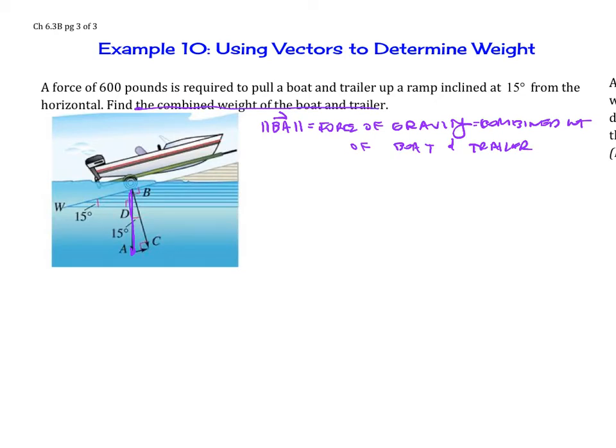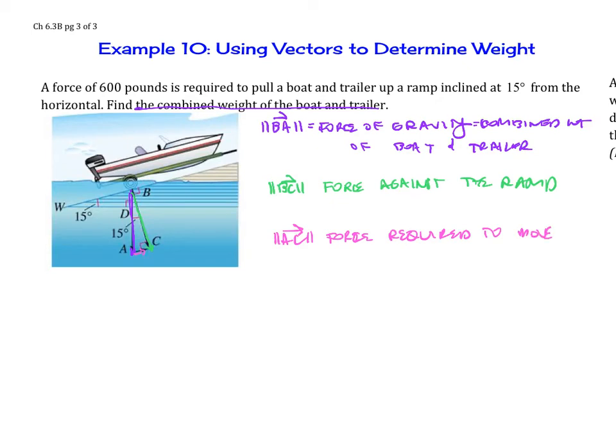Then we have BC, and that is the force against the ramp. And then we have AC, this direction here. That's the force required to pull it up the ramp, the force required to move the boat up the ramp.